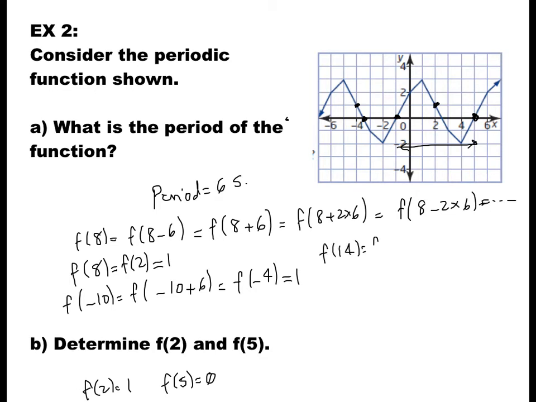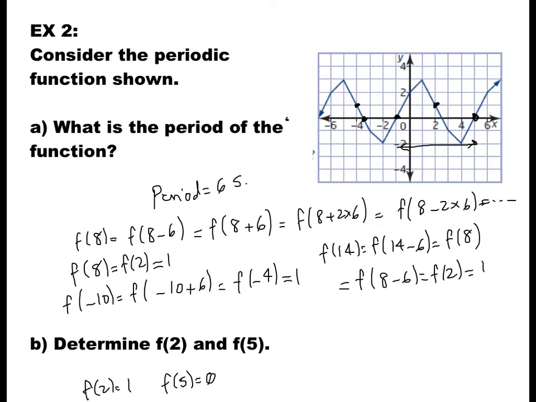F of 14 is the same as f of 14 minus 6, 1 period to the left. But this is f of 8. Unfortunately, we cannot see x equal to 8 on the graph. So I'm going to go 1 period to the left again. So I'm going to say f of 8 minus 6. F of 8 minus 6 is equal to f of 2. And from the graph, we can see f of 2 is equal to 1.